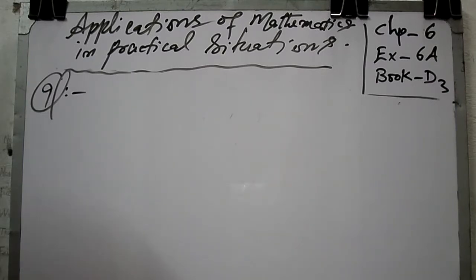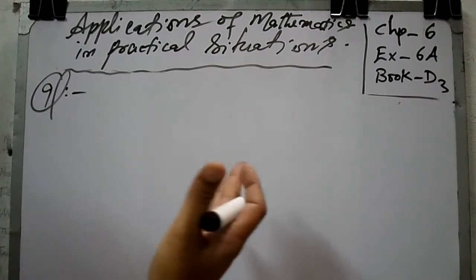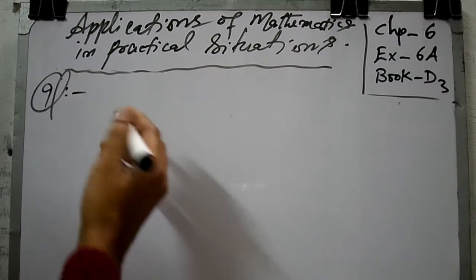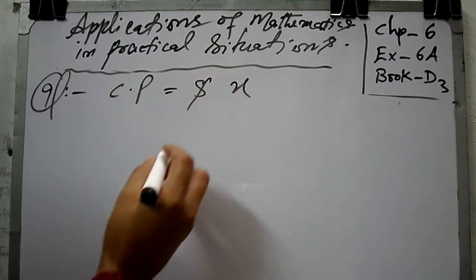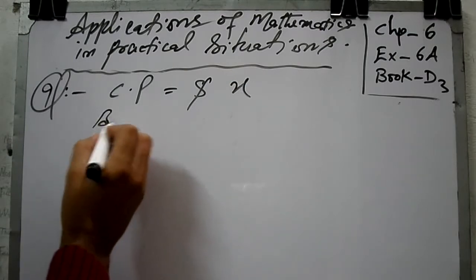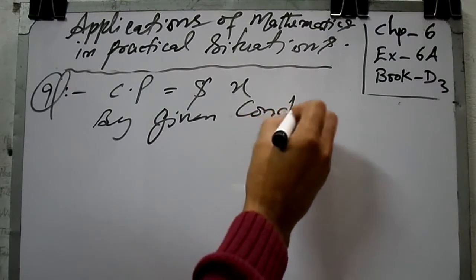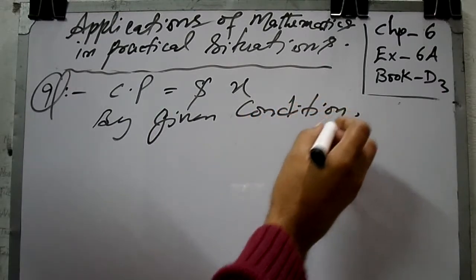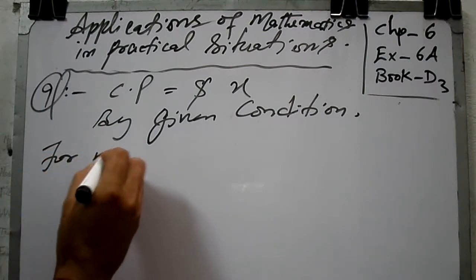Okay, first of all, write the data. I have already told you that the cost price we often take as a supposition. Suppose the cost price is equal to $x. So by the given condition, if we read the statement carefully, then for Mr. Lin, what is the given condition?